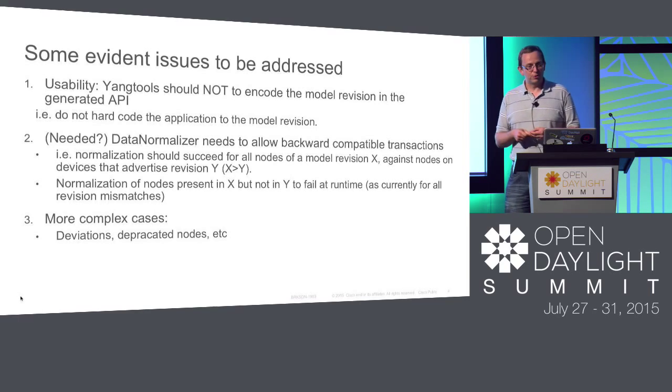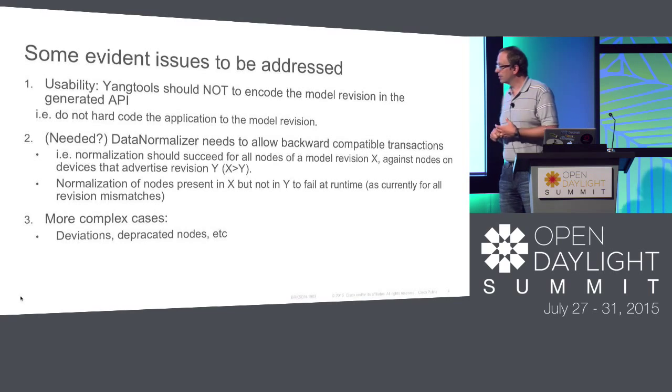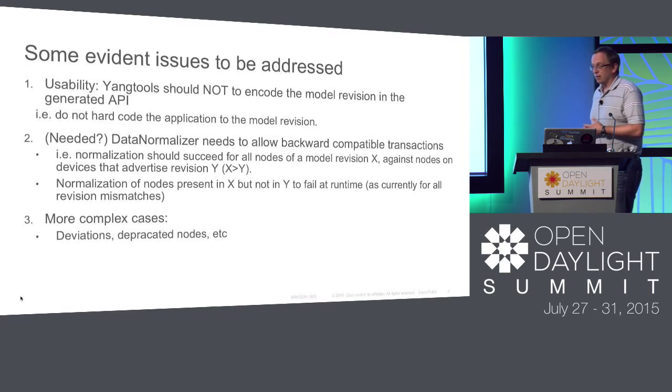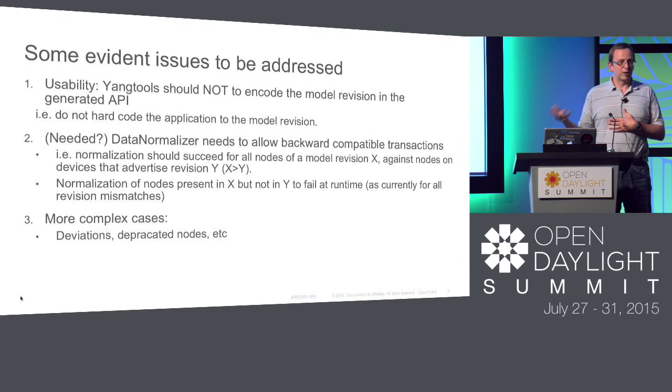That newer revision means that something's been added to that model, and clearly the device might not be aware of it. It cannot be a mandatory change because that would break the Yang RFC, but such a transaction still should be allowed, and in that case, I think it's fair to fail at runtime.